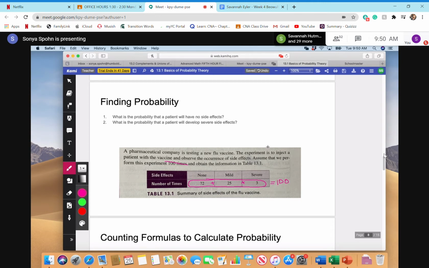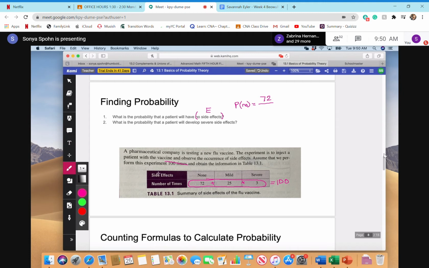Okay, so first question: what's the probability that a patient will have no side effects? So no side effects is our event. The probability of no side effects is how many no side effects do we have? We look down at our chart, we have 72.